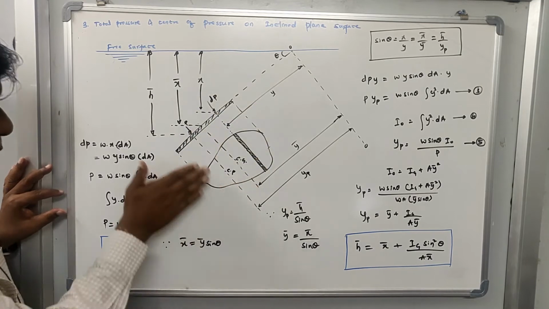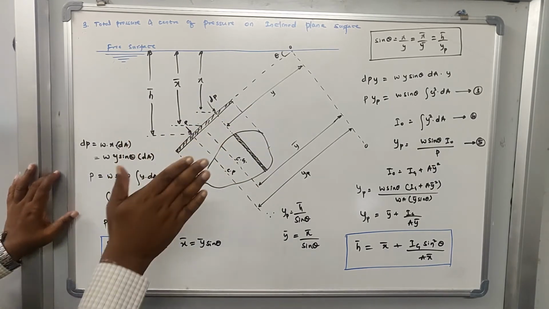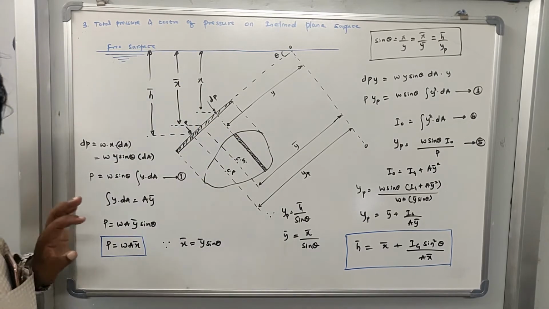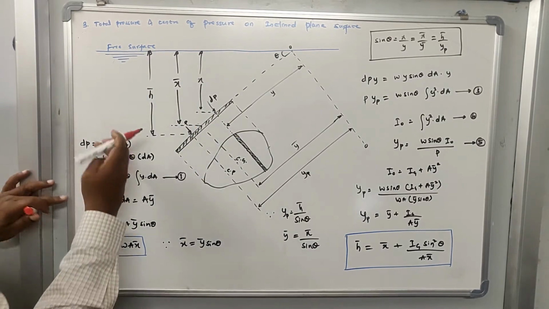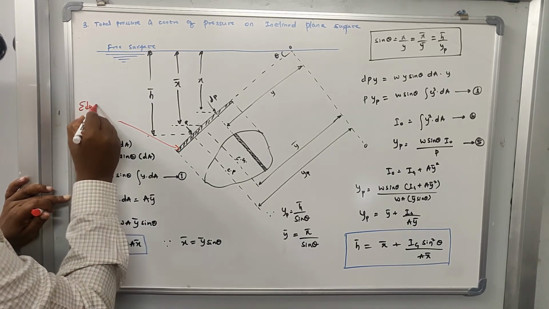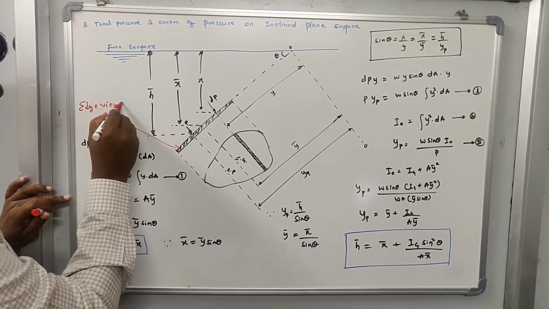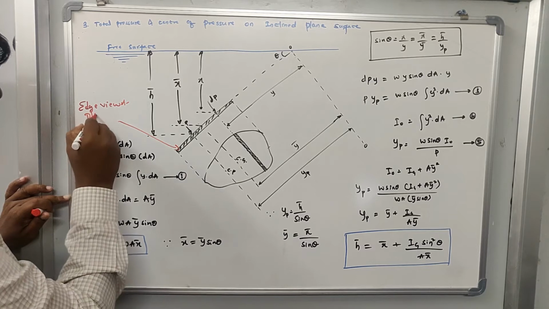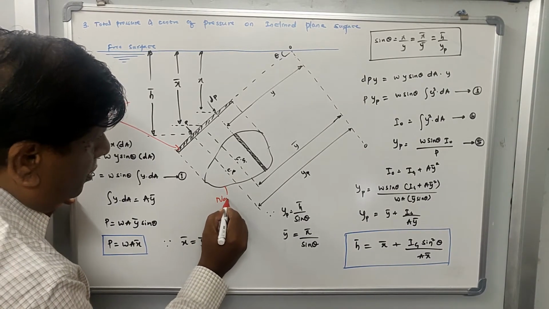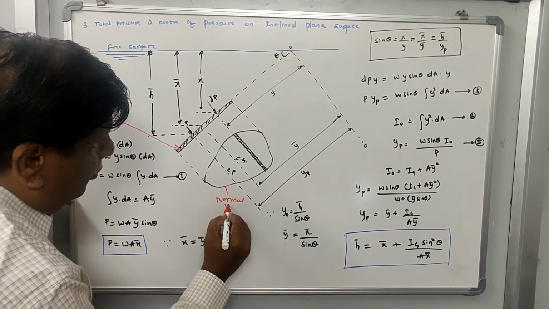That is the normal of the plate. This is the normal view and this is the edge view of the plate. This is the edge view of the plate, and this is the normal view of the plate.